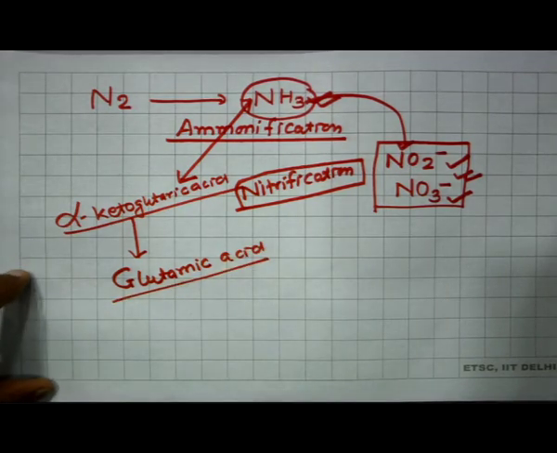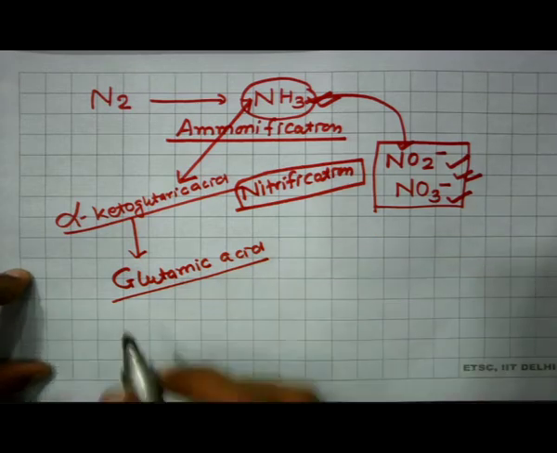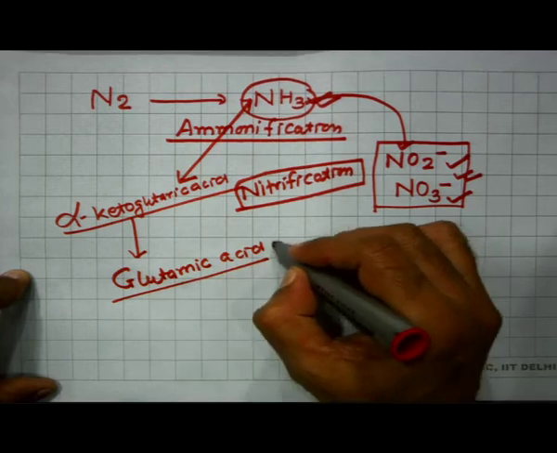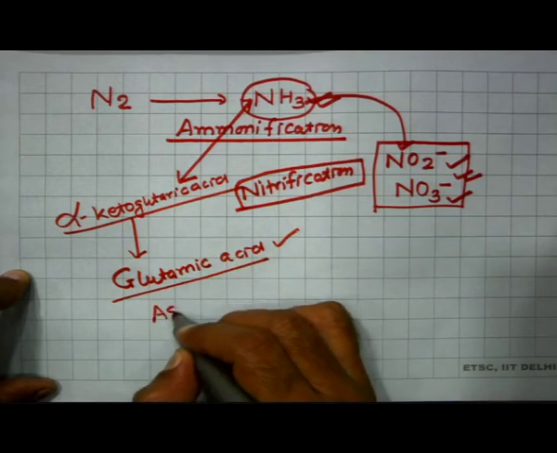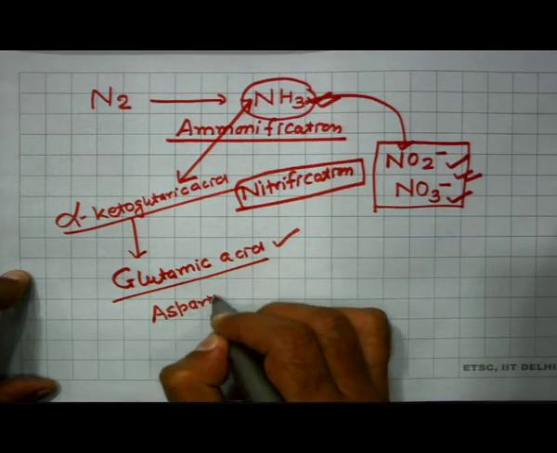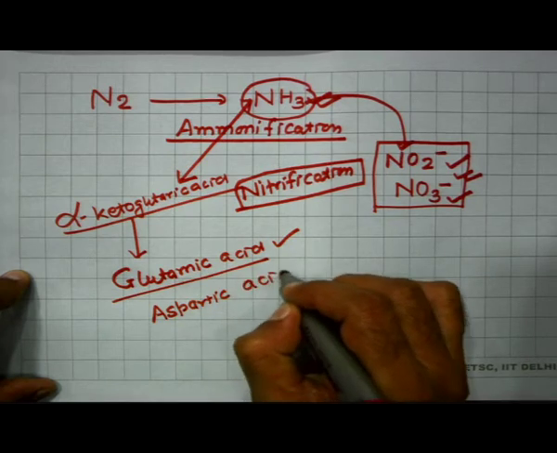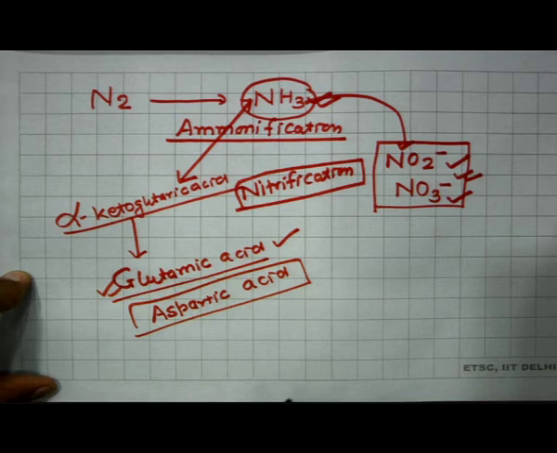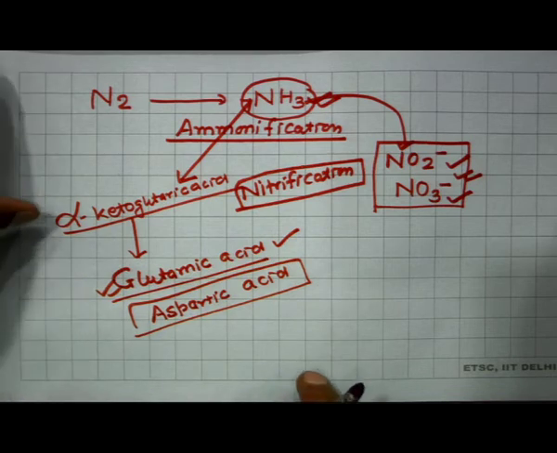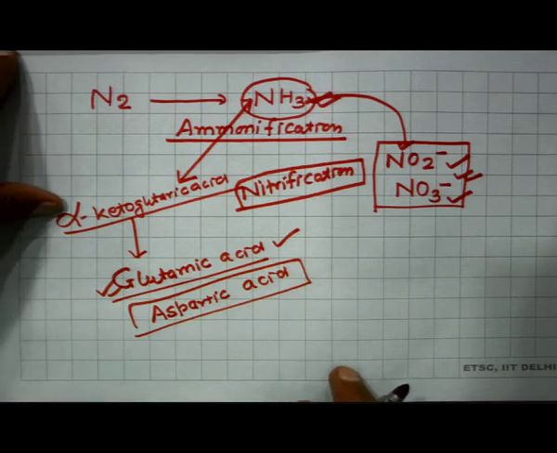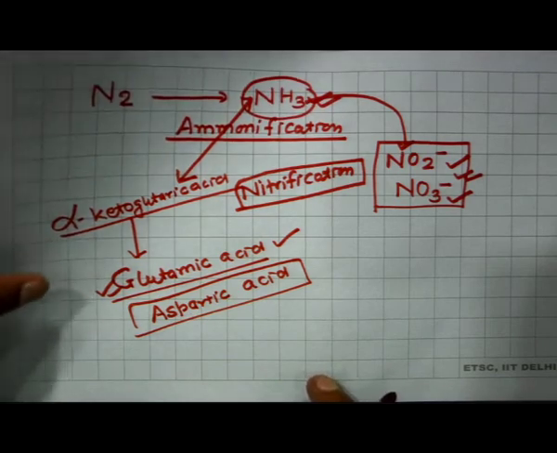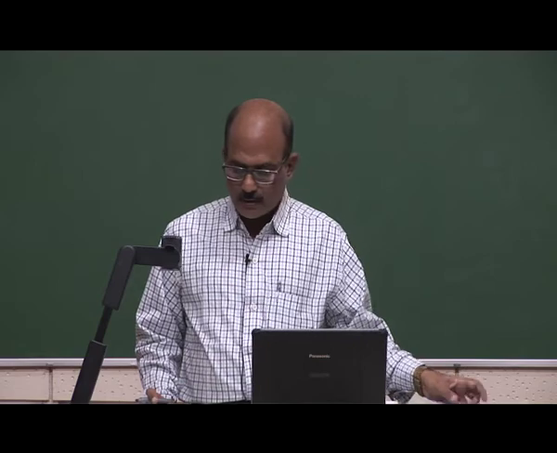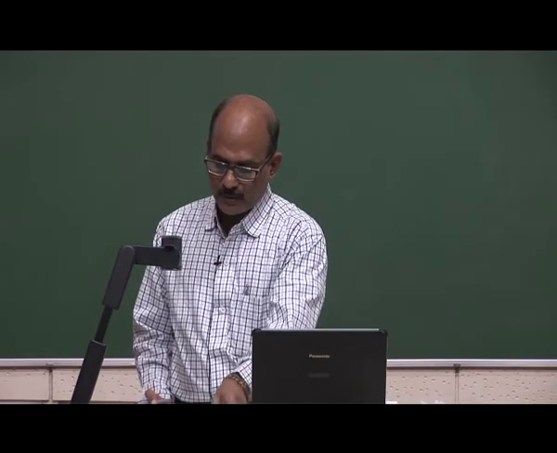By reductive amination and transamination, glutamic acid as well as aspartic acid is formed, which are stable products and useful for the plant as well as human beings. So, the various intermediate products of the Krebs cycle are used to synthesize important biomolecules in the living system.